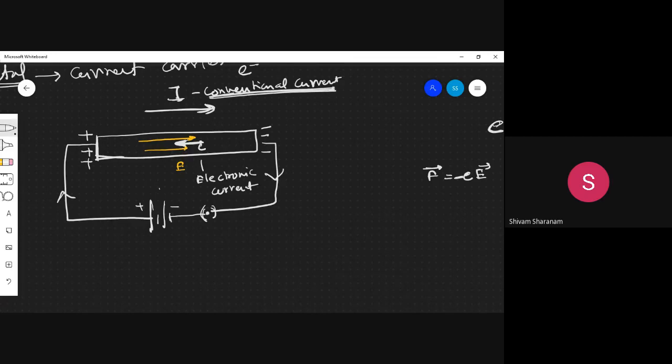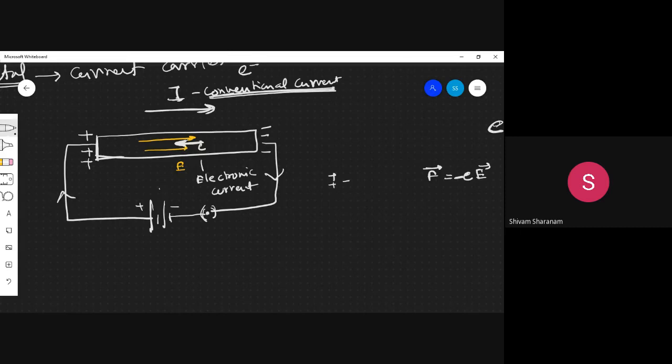Why do we not take current in the direction of the flow of electrons? Before, it was thought that current is because of the movement of positive charge. And if positive charge moves, it will move in the direction of electric field. So initially it was thought that electrons do not move, positive charges are moving, and the current is because of the positive charge. So the positive charge will move in the clockwise direction in this particular case.